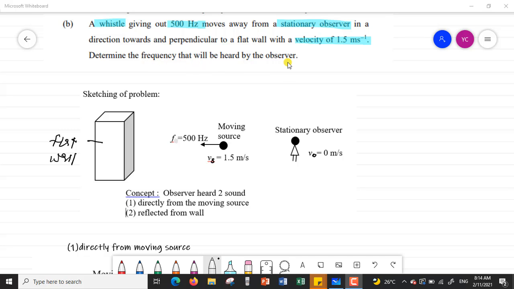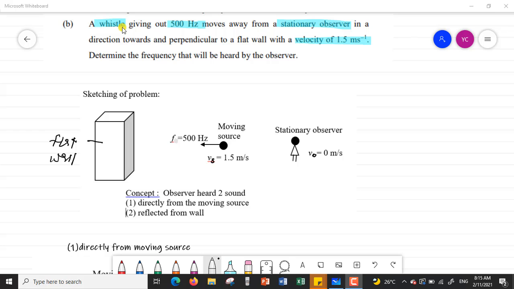So we want to determine what is the frequency that will be heard by our observer, whereby our observer is a stationary observer. Okay, so I visualize the problem. So we have a moving source. The vessel will be the moving source that is emitting the sound of frequency 500 Hz.